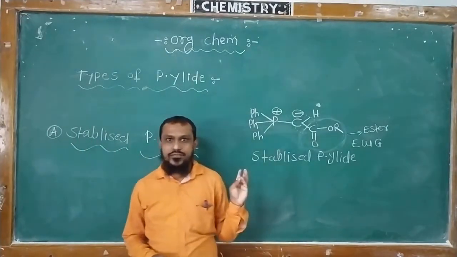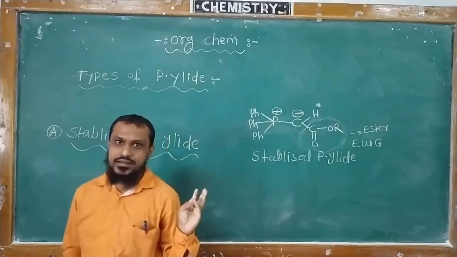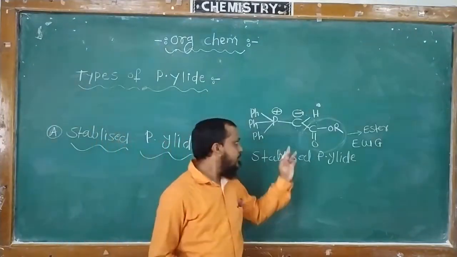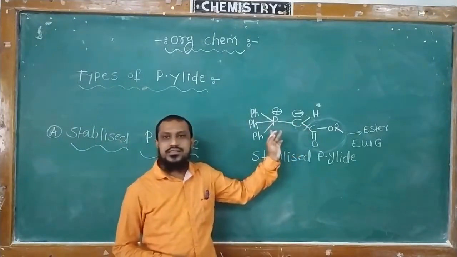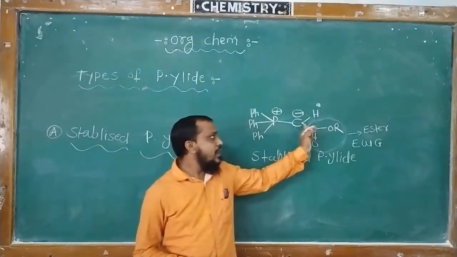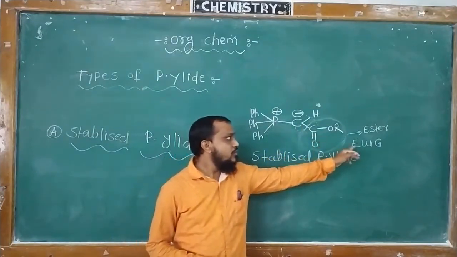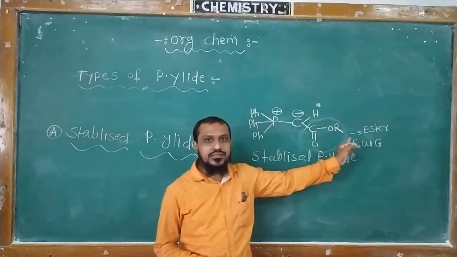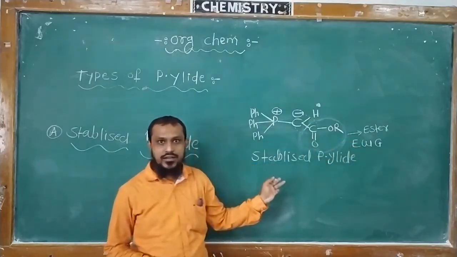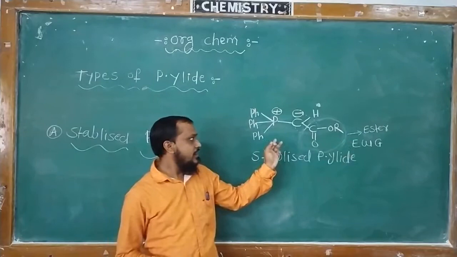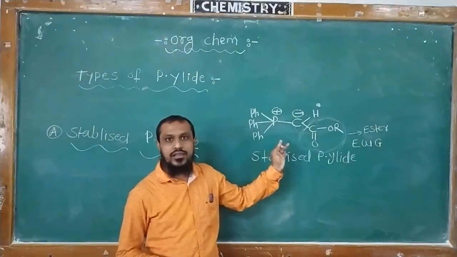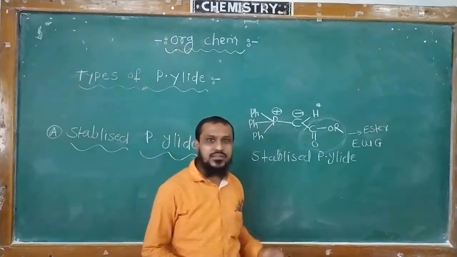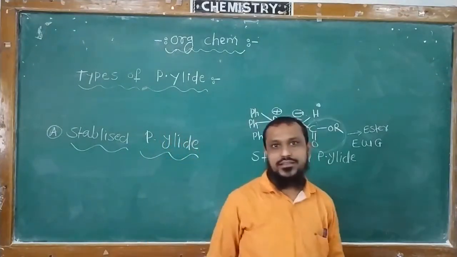How to define stabilized phosphorus Ylide? When the nucleophilic carbon atom in phosphorus Ylide is attached with the electron withdrawing group by the resonance or inductive effect, then this type of phosphorus Ylide are called as stabilized phosphorus Ylide.